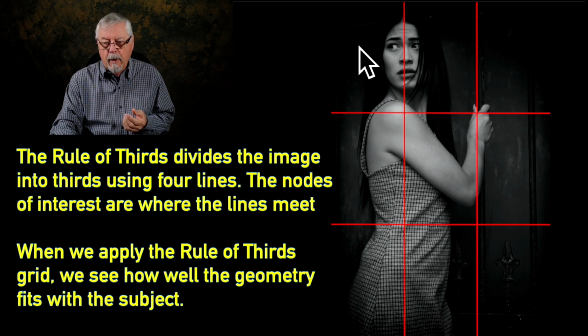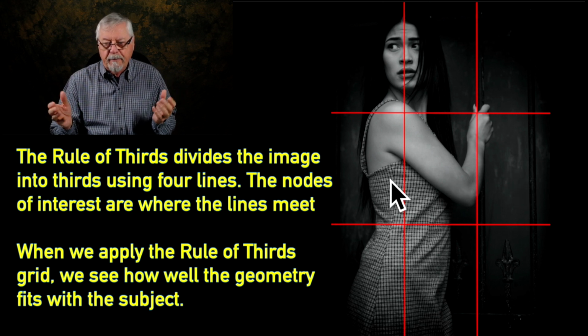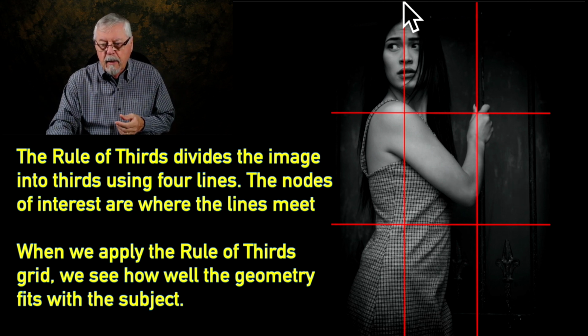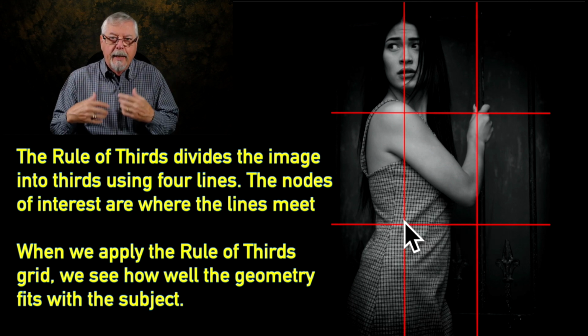Each rectangle has the same proportions as the image itself. As you can see here, this line goes all the way through the model. These intersection points are called nodes, and they are considered points of interest.